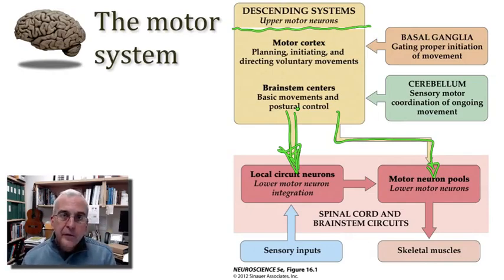Now, when we're thinking of movement, we are often thinking about voluntary movement that we consider and that we actually express through active will. When we are thinking about voluntary movement, you should be thinking about activities that are planned, coordinated, and initiated at the level of the motor cortex. The motor cortex is the posterior part of the frontal lobe, where our executive functions are integrating sensory, emotion, and mnemonic signals and devising plans for the production of behavior.